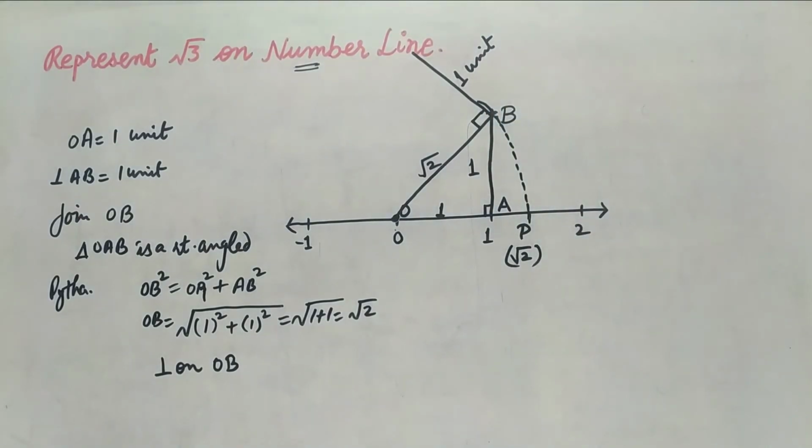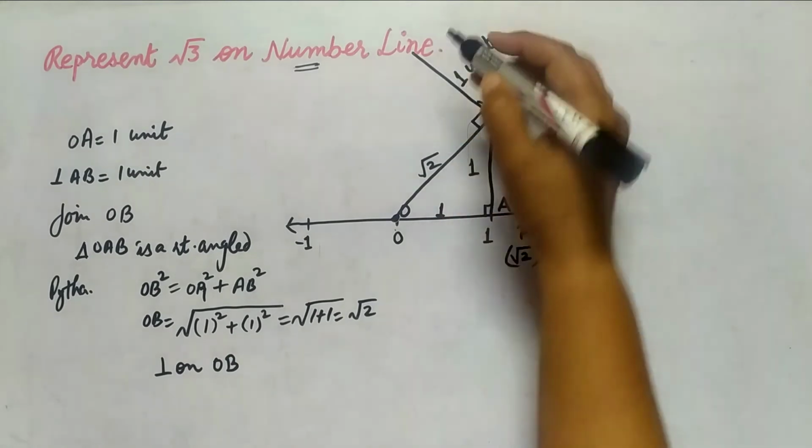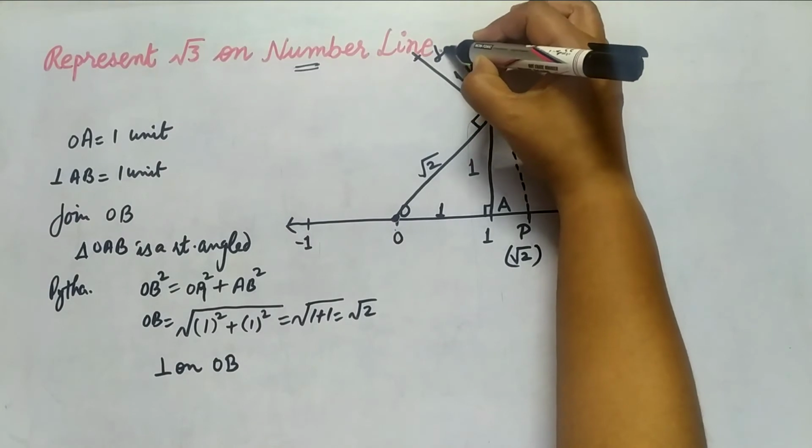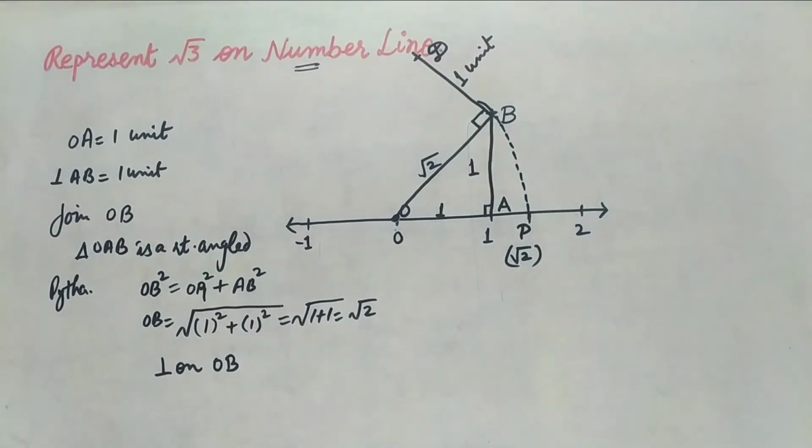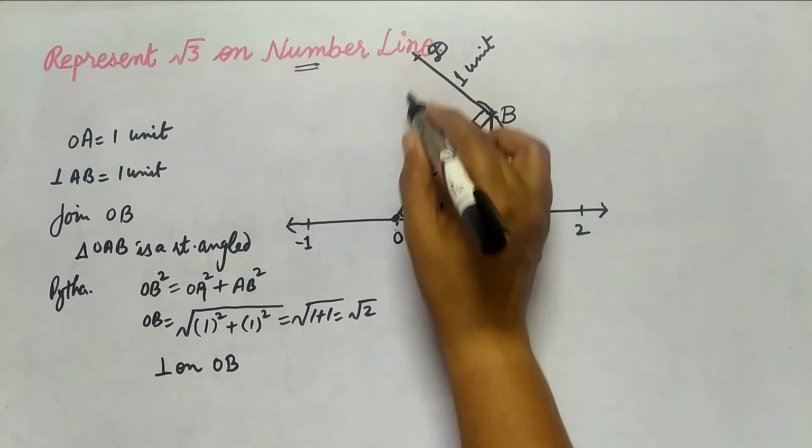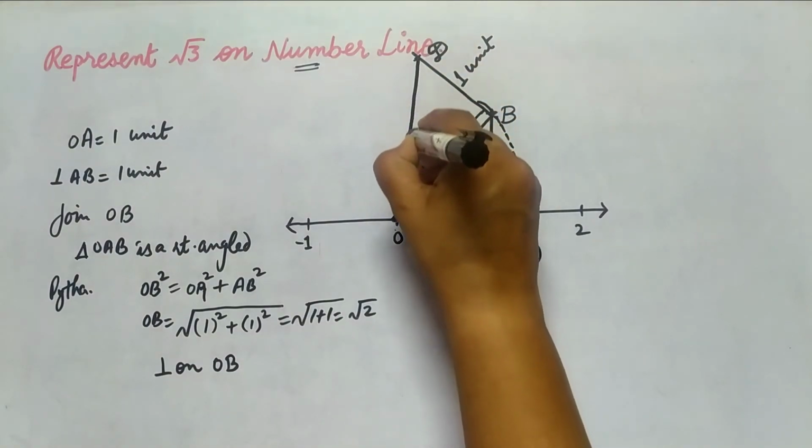Again, this perpendicular is 1 unit. We call it D. This point is D. Joining these O and D here.